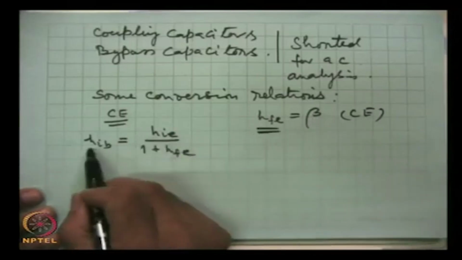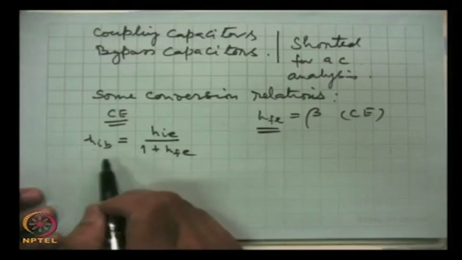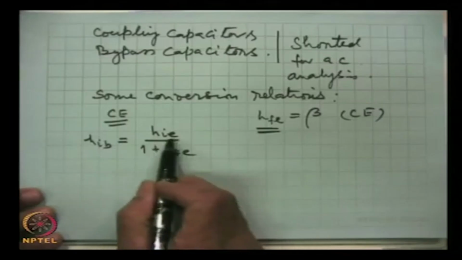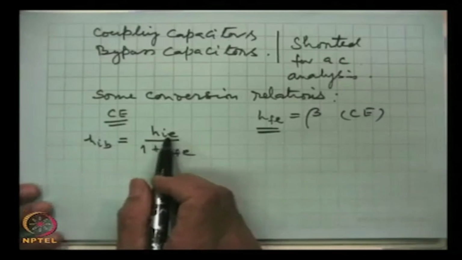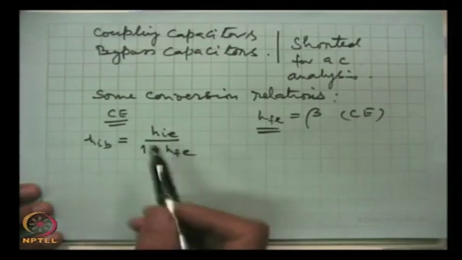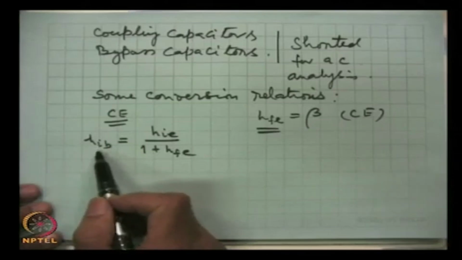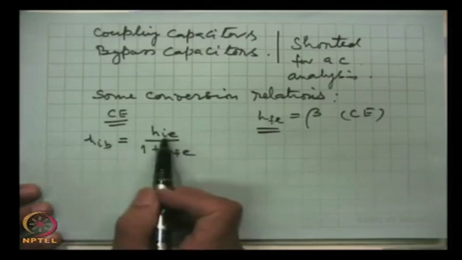So, the input impedance in common base is heavily reduced as compared to the input impedance of the common emitter circuit. If this is, for example, 100, then the input impedance in common base is reduced by 2 orders of magnitude compared to what we will observe in common emitter.